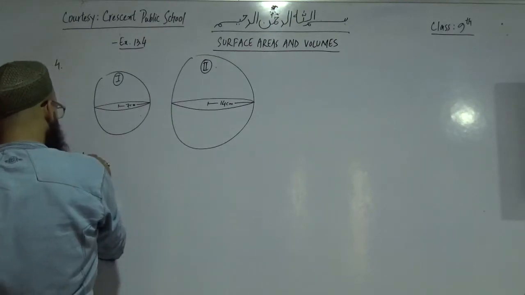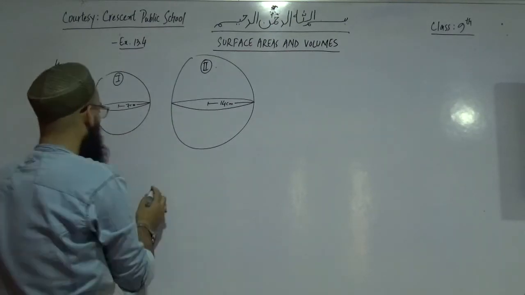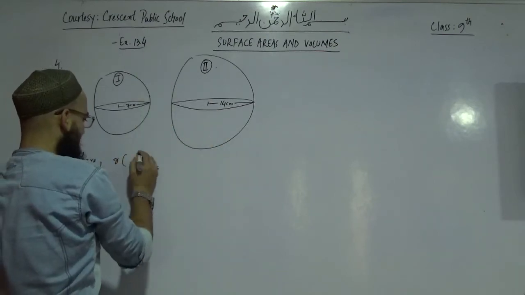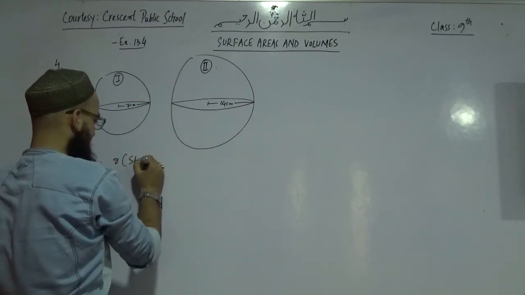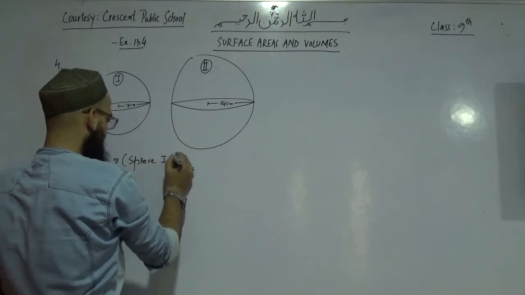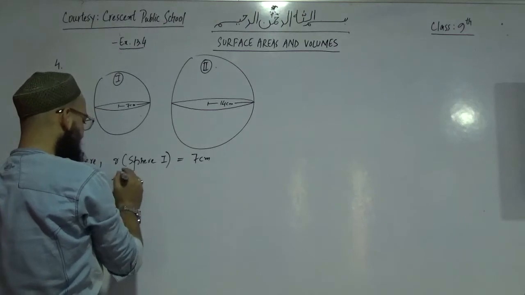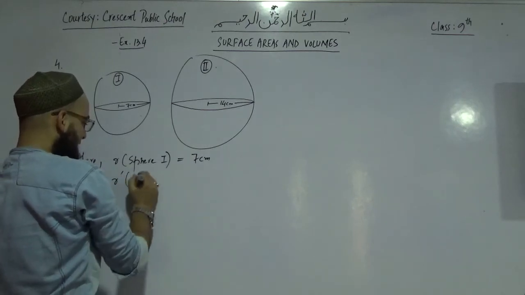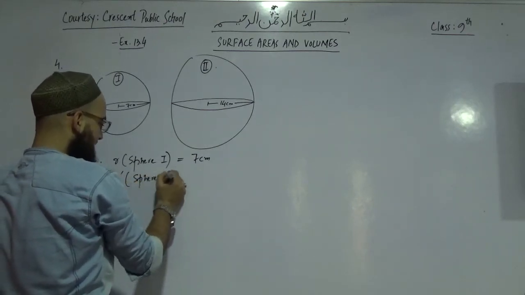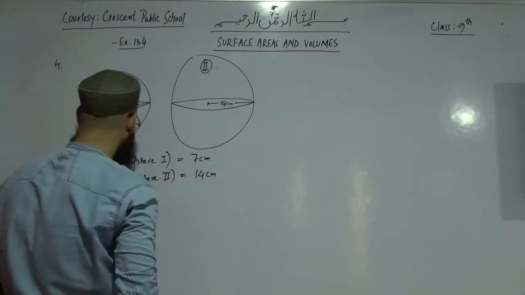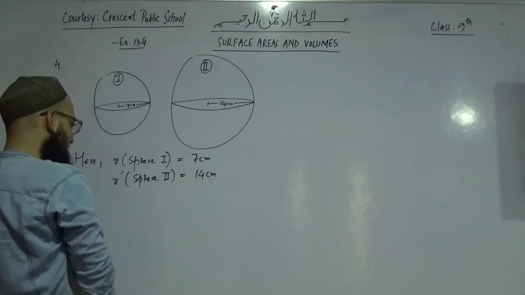So you can write here, radius of sphere 1 is equal to 7 cm. Then radius, let's say it's r dash, radius of sphere 2 is 14 cm. Got it?